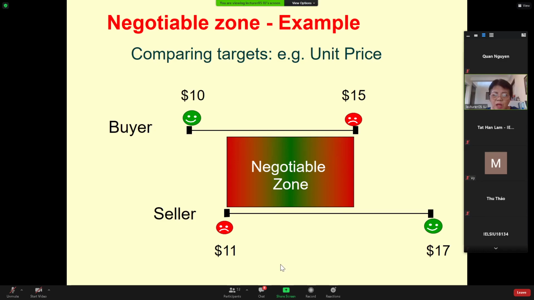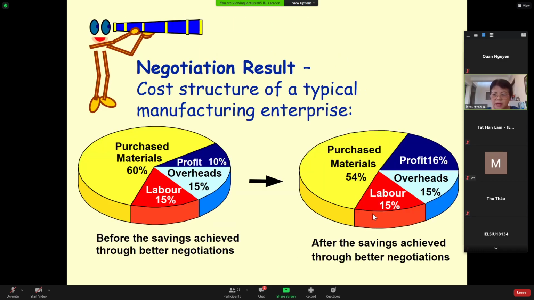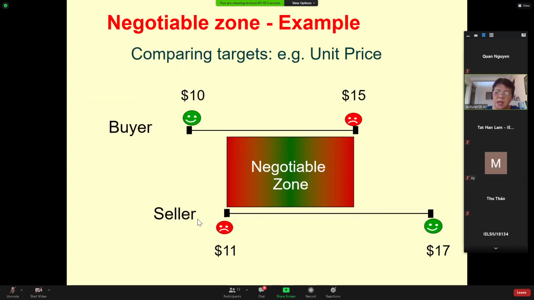As the seller, if you can sell it at the price of 11 euro, you are not happy. But if you sell it at a higher price, then you are happy. So this becomes between 11 and 15.